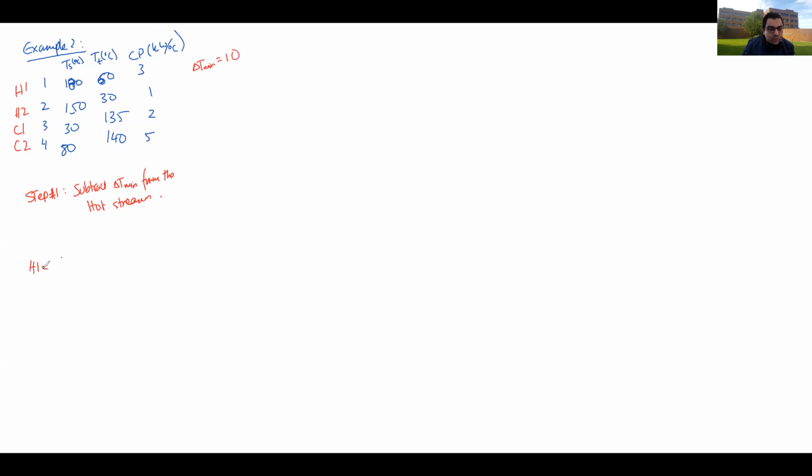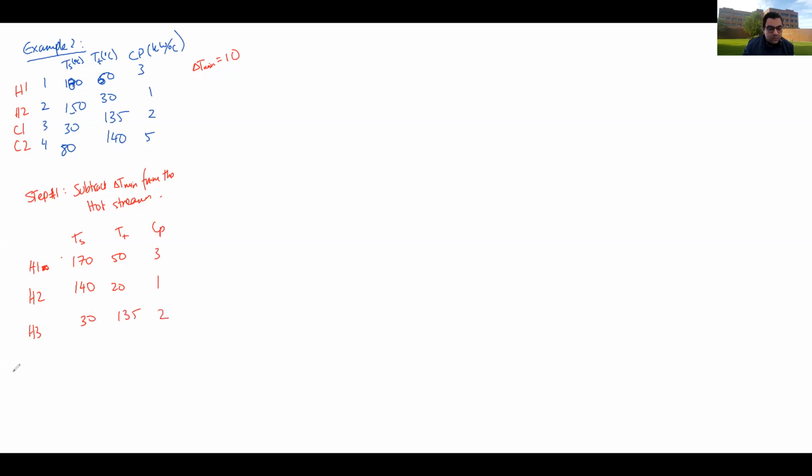So H1 is going to be 170, 53 [sic], and again this is T source, T target, CP. Units are the same. H2 will be 140 to 20 with 1. H3 will be 30, 135 with 2.